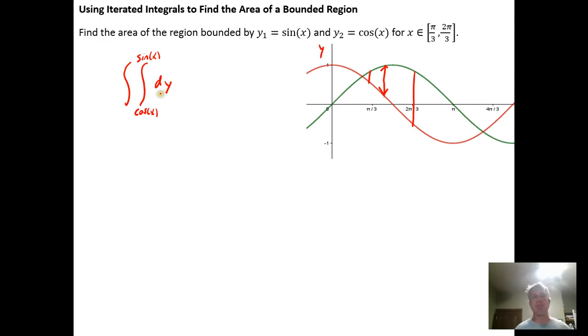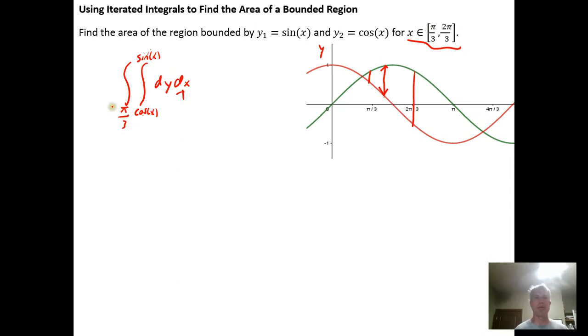And remember, the variable that you're integrating with respect to can't show up in the bounds of integration. So if I have a dy dx kind of thing, if I'm integrating with respect to dy first, then I should have functions of x as my initial bounds of integration, and then the second bounds of integration will be driven by the x interval. So I should have an interval for my last bound of integration.